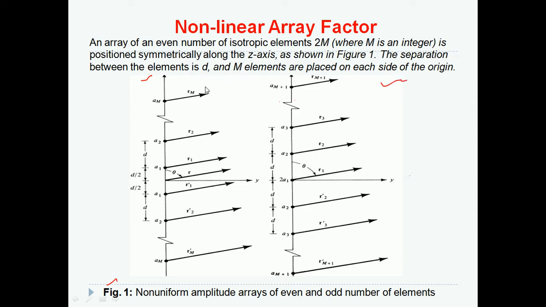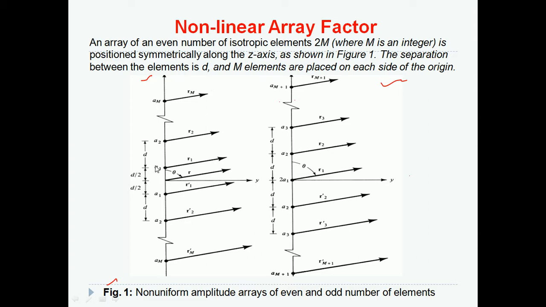Let us see the arrangement of these two arrays. For an even number of elements, we have elements from A1 to AM.